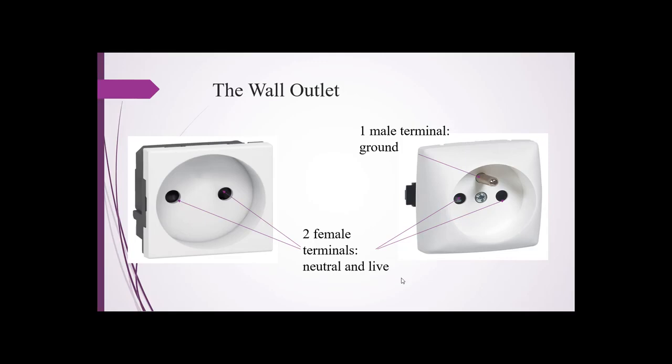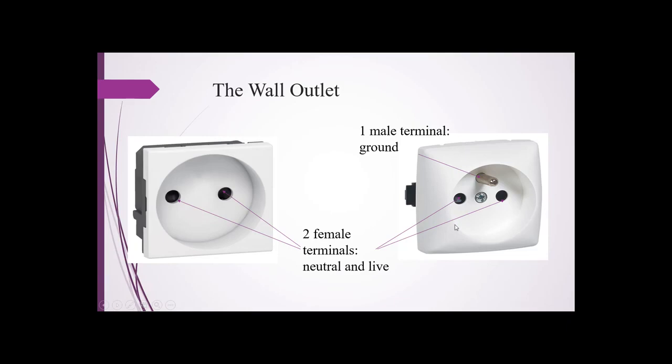The first one has 2 female terminals. One terminal is called the neutral terminal and the second one is the live. So these are the live and the neutral terminals. Now we can know which one is the live and which one is the neutral.